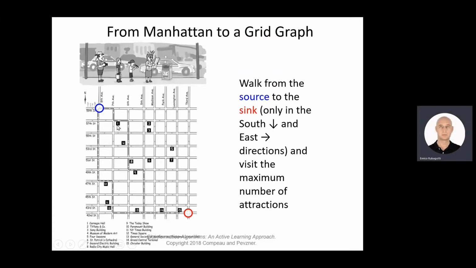We have Carnegie Hall, we have Tiffany, we have the Sony building, and we have the Chrysler building. We want only to go east or south and visit the maximum number of attractions.